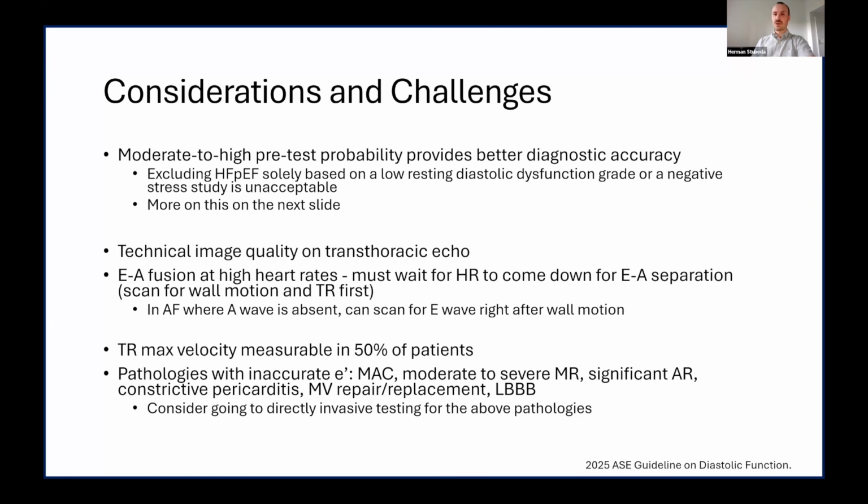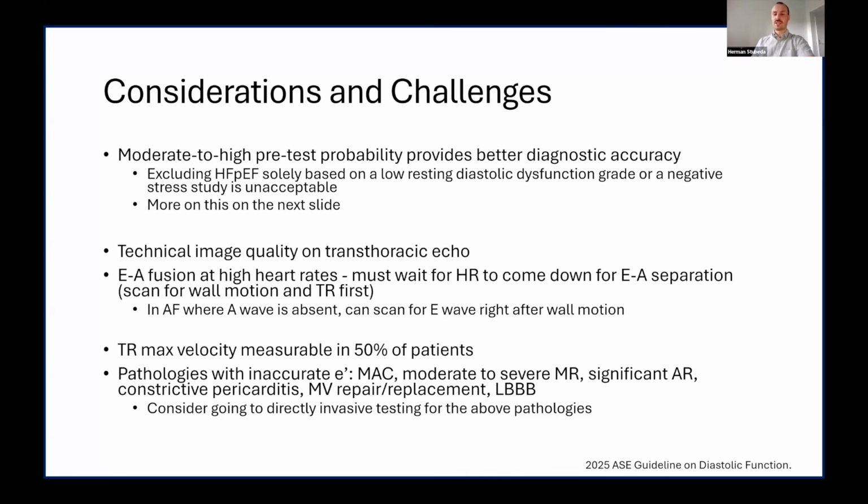TR velocity is also only acquirable, as stated in the guideline, in about 50% of patients. And so that actually becomes quite a challenge for the whole diagnostic algorithm, because if 50% of patients aren't able to have a quality test, then the value of the test decreases.